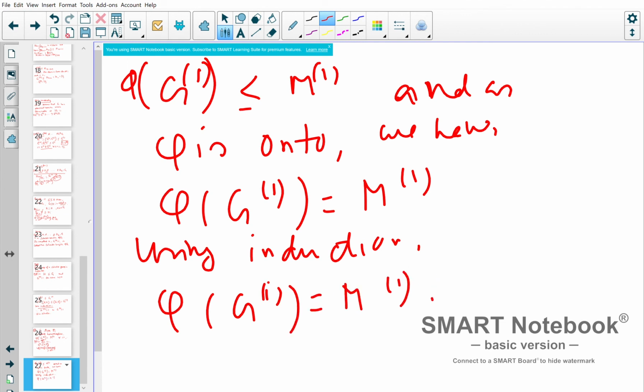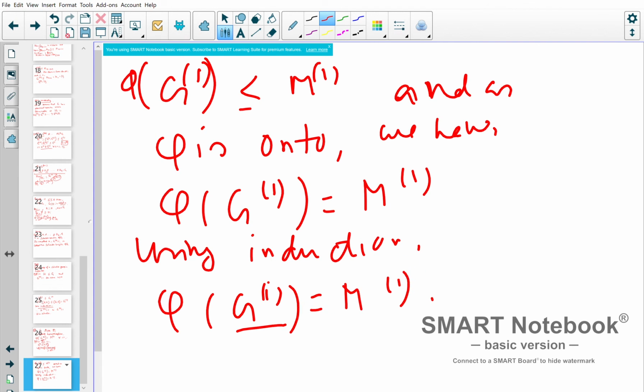Okay, now what is the advantage of this? Once you know this, you can easily prove that a homomorphic image of a solvable group is also solvable, because whenever this ends at some integer k, then phi of that will be equal to M of that also.